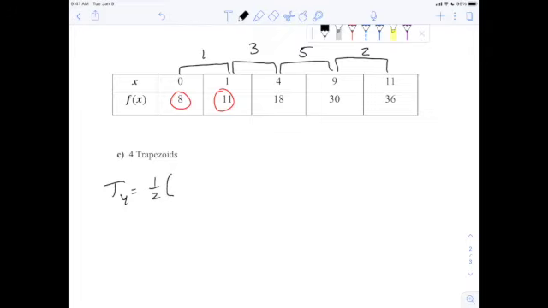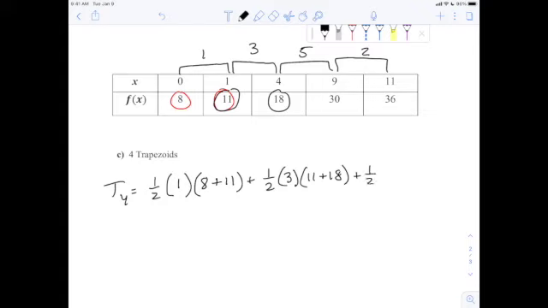So my first trapezoid is 1/2 the height of 1. Again, that's the width of the interval. And the sum of the bases is the 8 plus 11. Plus the next interval from 1 to 4, 1/2 the height of 3 times the sum of those bases, which is 11 and 18.